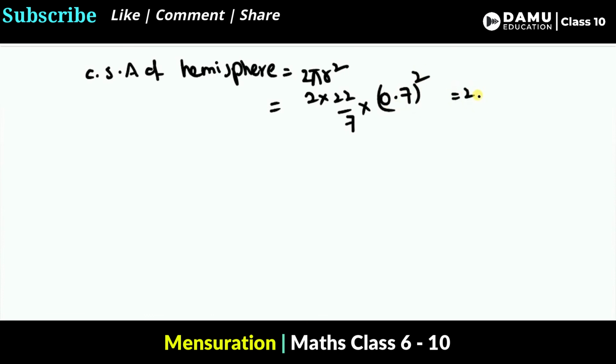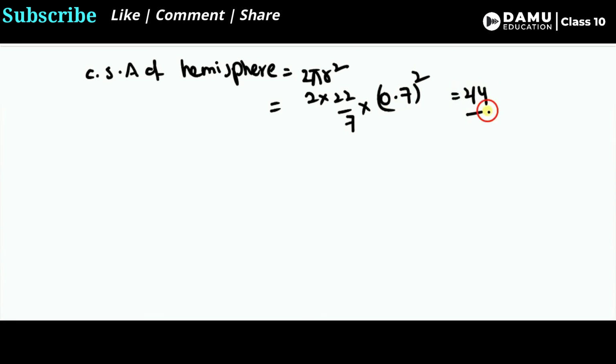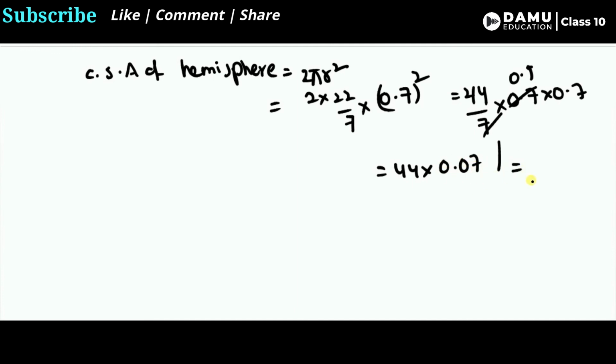We can write 2 into 22, that is 44, by 7 into 0.7 into 0.7. So 44 into 0.1 into 0.7 is nothing but 0.07 into 44. What answer will we get? 3.08 meter square.